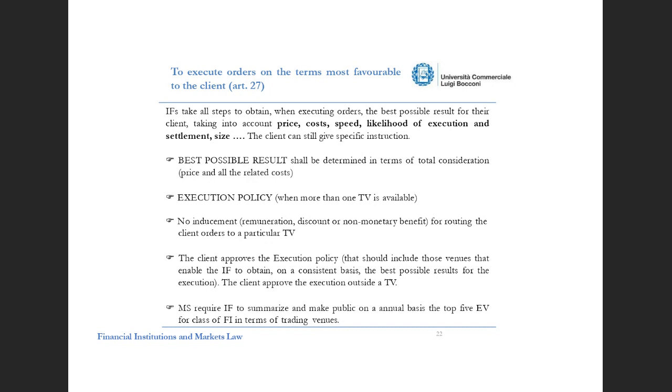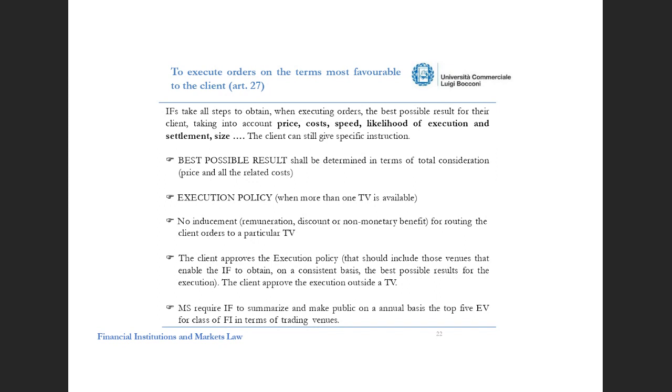And so what investment firms need to do is to carry out a periodical assessment as to the conditions that are available for execution on different trading venues, and ultimately identify the trading venues that they think would offer the best conditions for the client.